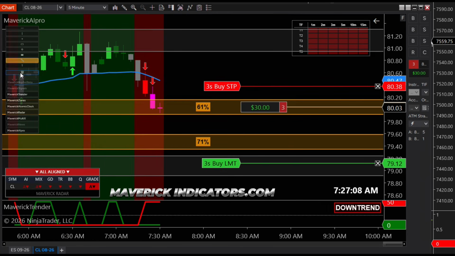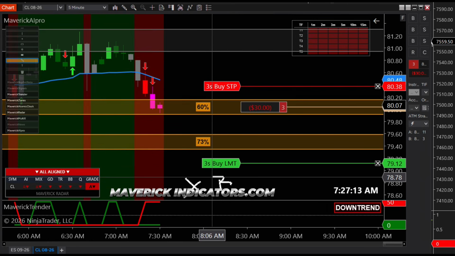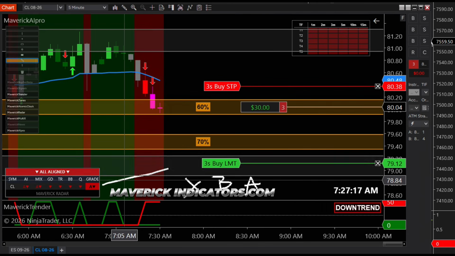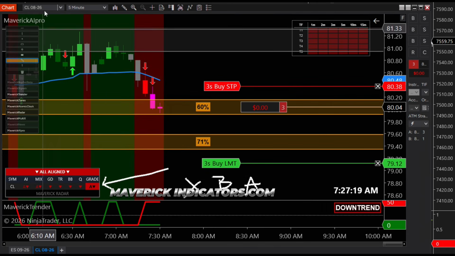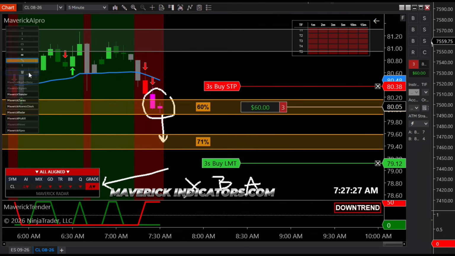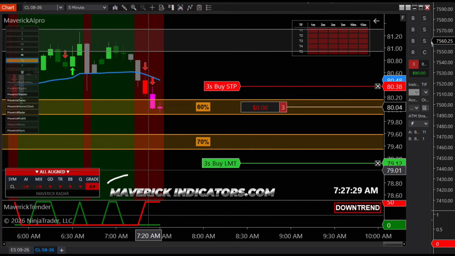It's essentially going to say you have no setup, a B setup, or an A setup. And right now, it's saying you have an A setup on futures, on oil, to the downside. See the little red down arrow? So we have an A+ setup.